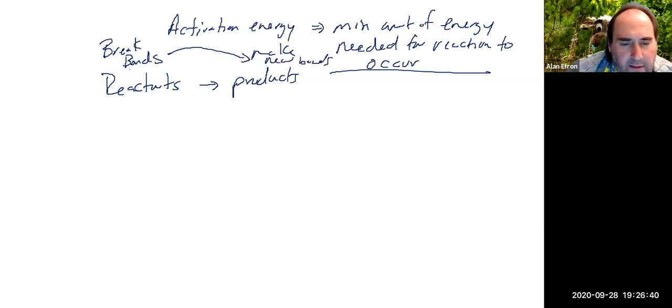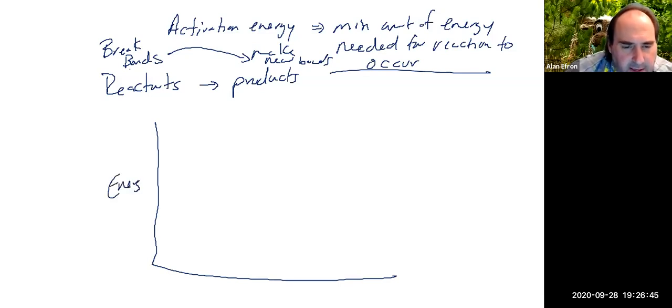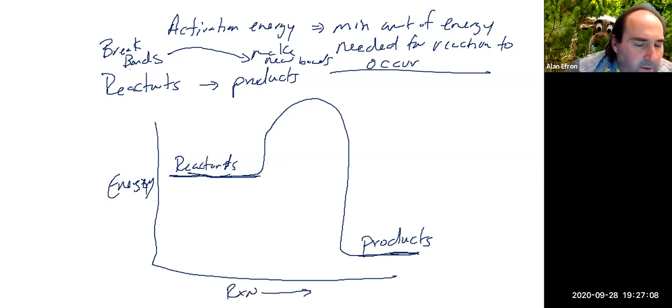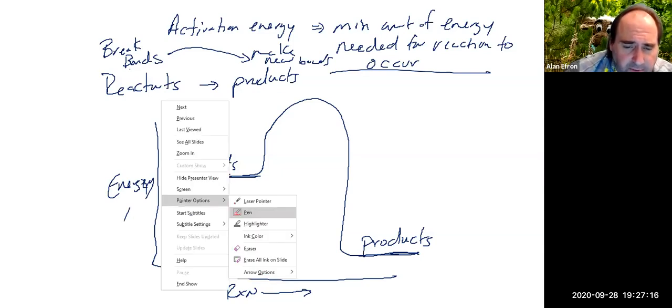And when we look at an energy diagram, which was also in that chapter, energy, we have reactants, for example, and our products here. So this is an energy diagram here. This is the reaction that's happening in this direction. And we could recognize this first energy diagram as basically the exothermic reaction.